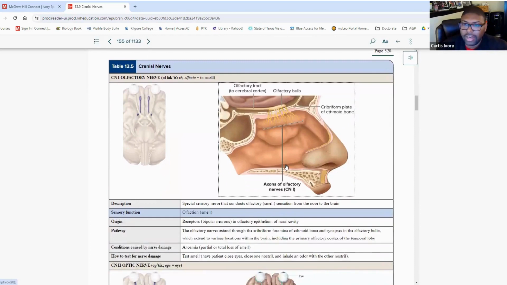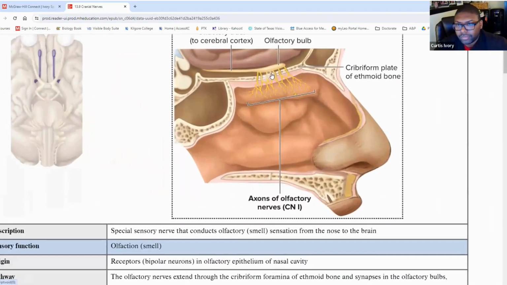So here, your olfactory bulb, these are axons that are going to extend down into your nose. Those are going to essentially pick up the chemicals when you are breathing or smelling something, especially like coffee.